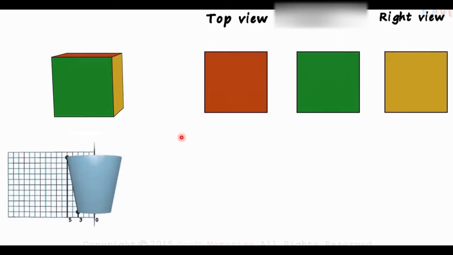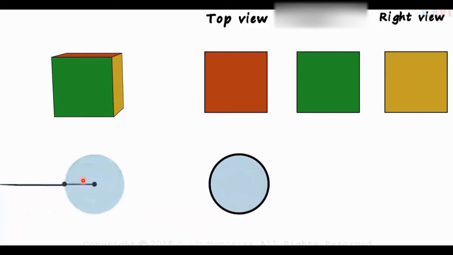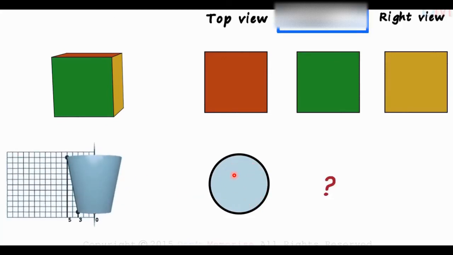In the same way, we'll see another example. If you look at this figure, it's a glass or tumbler. Now we are going to draw the top view of this tumbler. When we look at this object from the top, we'll see a circle shape.